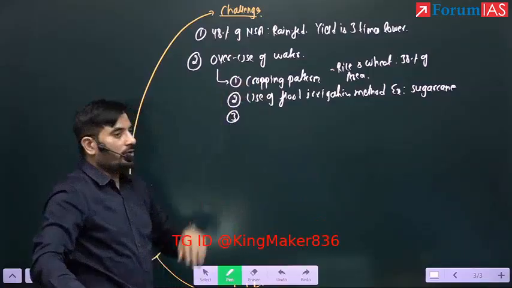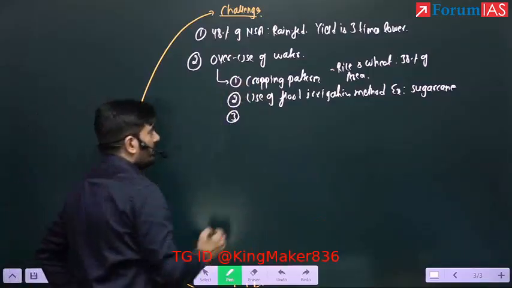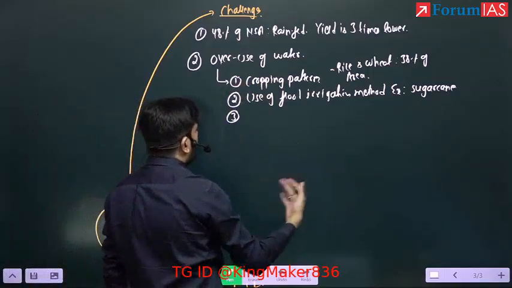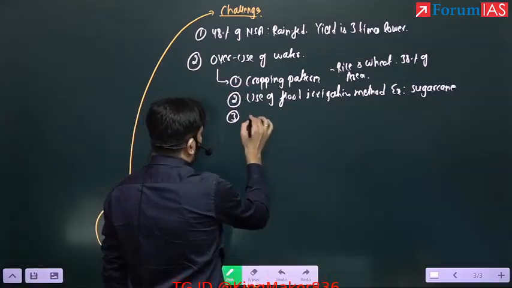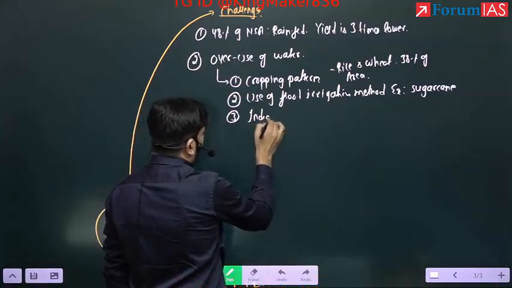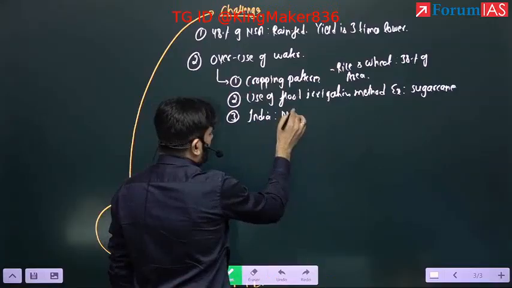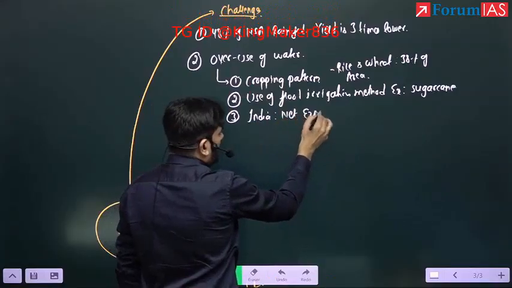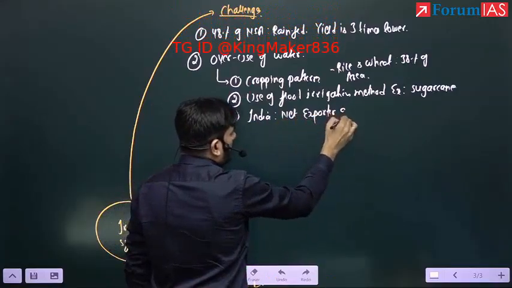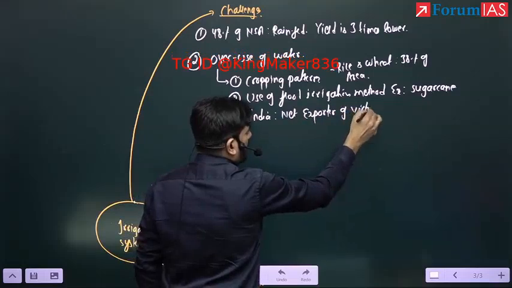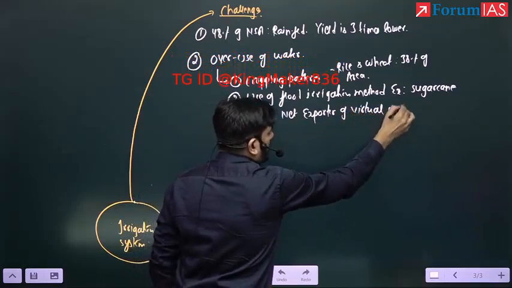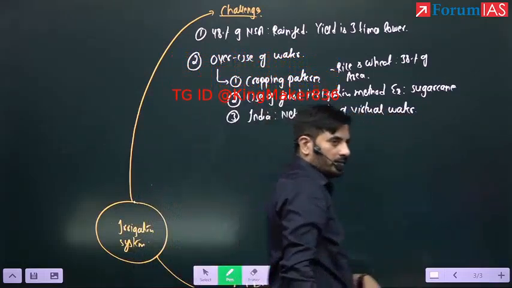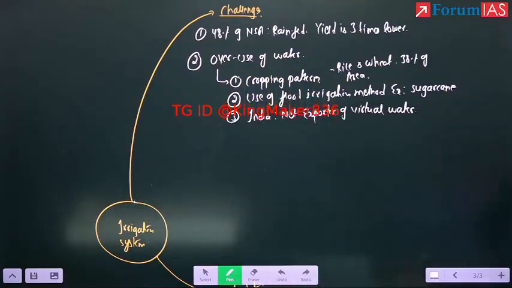Apart from that, there's a very interesting concept where it is said India is a net exporter of virtual water. Look at the word. India is a net exporter of virtual water.